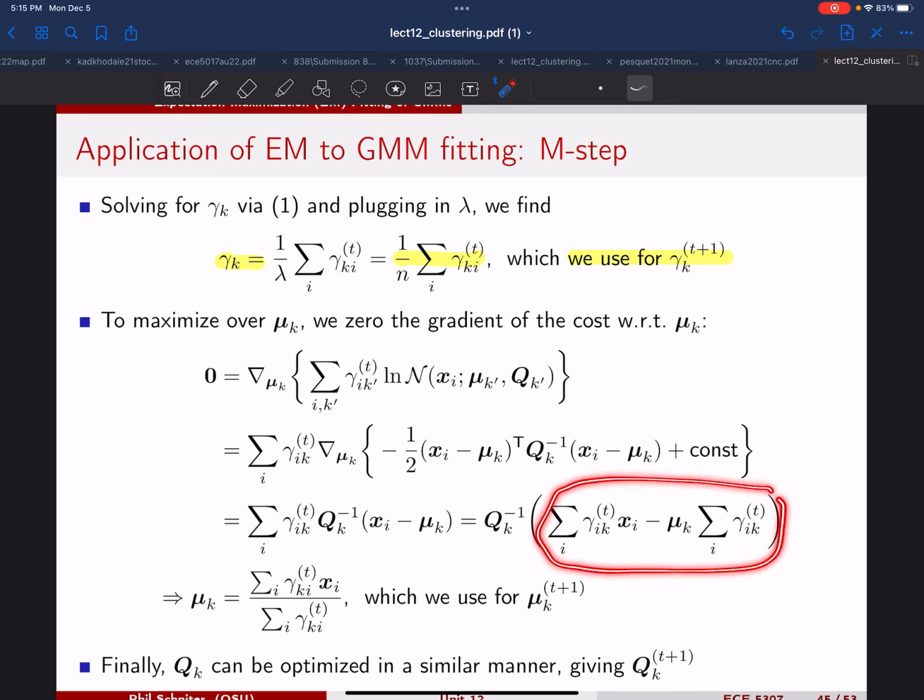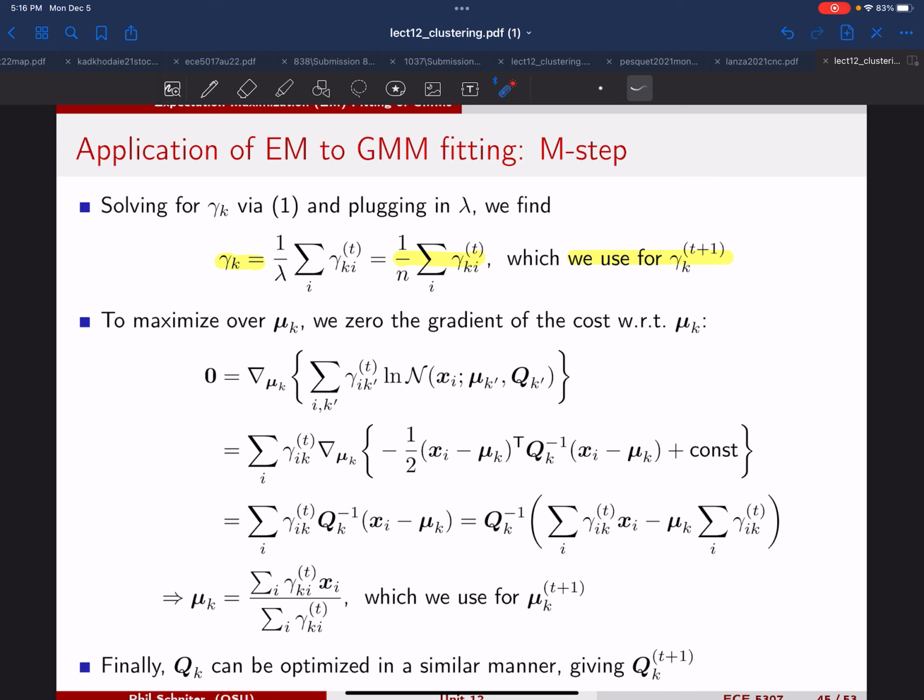And so this is what we have on the other side of Q k. As you can see, we need the 0 vector to equal this, and assuming that Q k inverse exists, this vector needs to be 0 for this to go to 0.